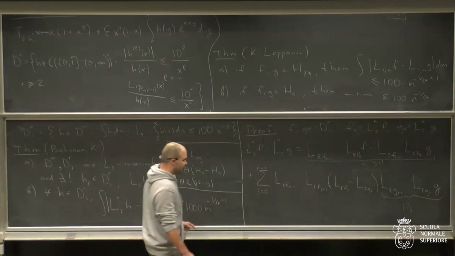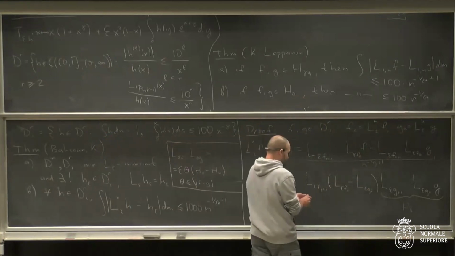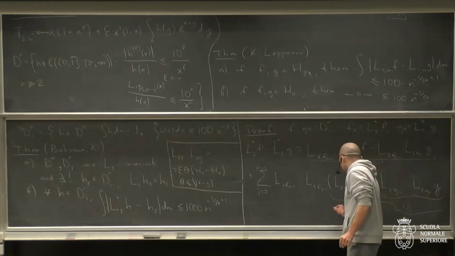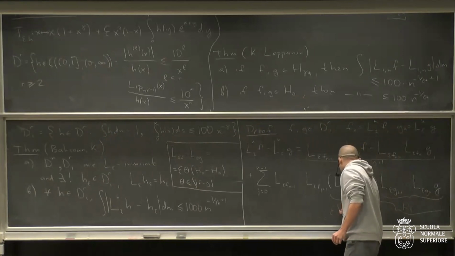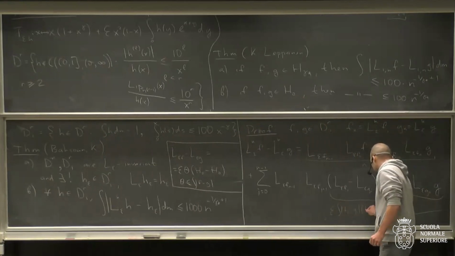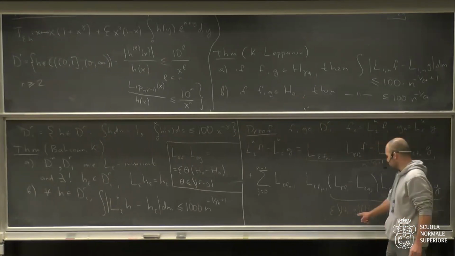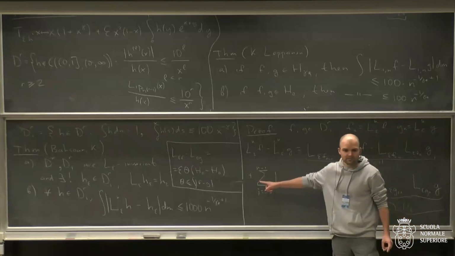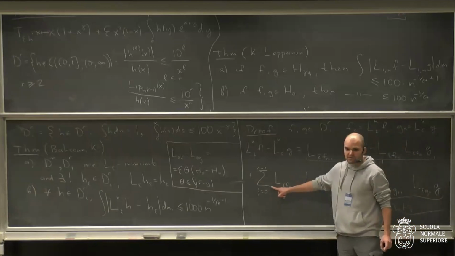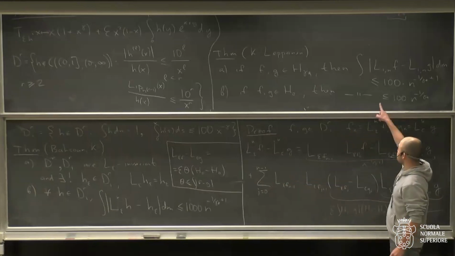So then up to here, I'll have epsilon times the L1 norm of Fj minus Gj times H0 minus H0. And I can take the constant out of the sum. And I know how these things contract differences of H0s.